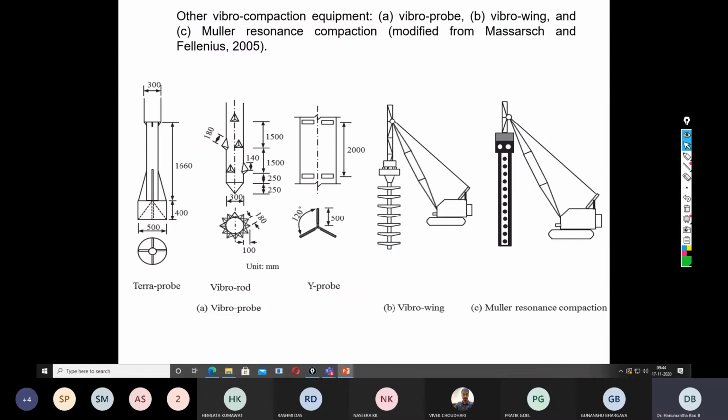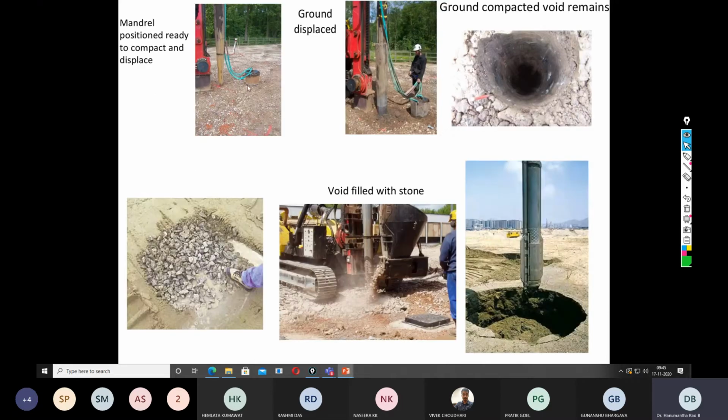So there are a variety of probes available, and different probes are being used across the world. So these are a couple of schematics of different probes. There is a Terra probe, there is a vibro rod, Viprobe, vibro wing, Muller resonance compaction. So different companies have developed different kinds of probes depending upon the requirement. Sometimes we may not require injection of water or a water jet for advancing the borehole. For example, as you can see in the previous one, here we don't require any water jet.